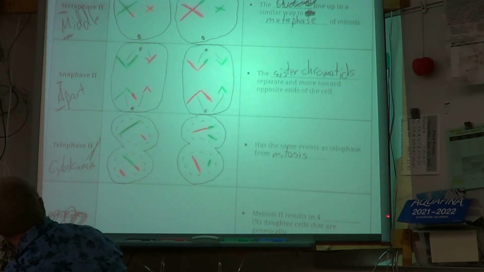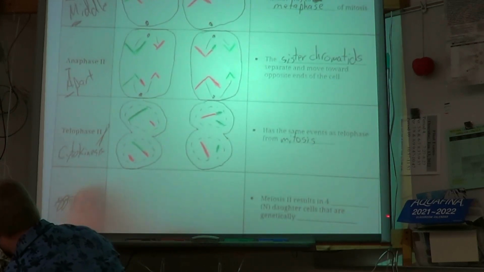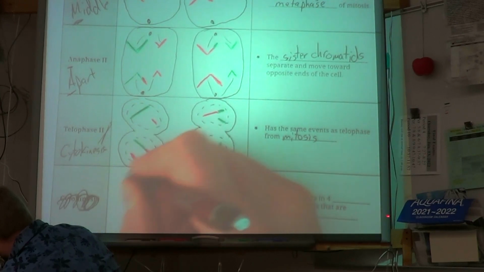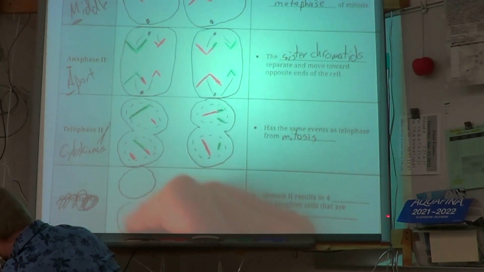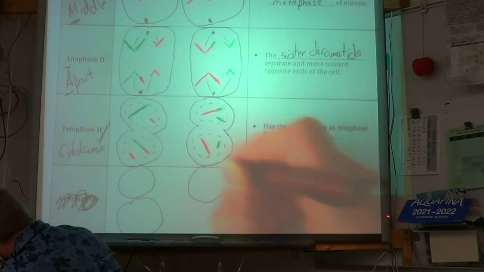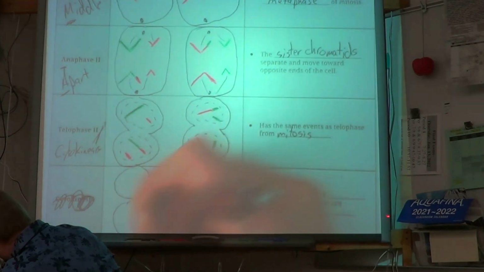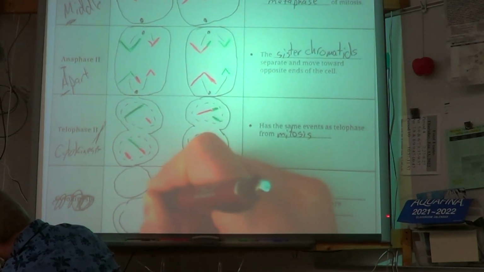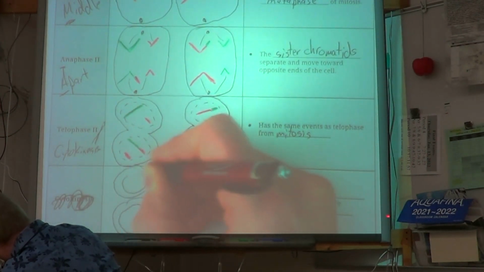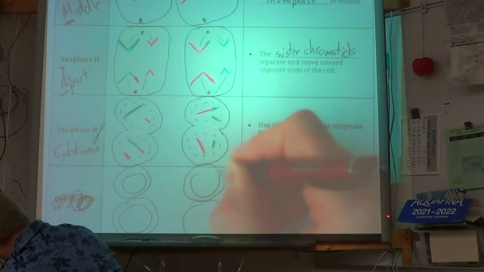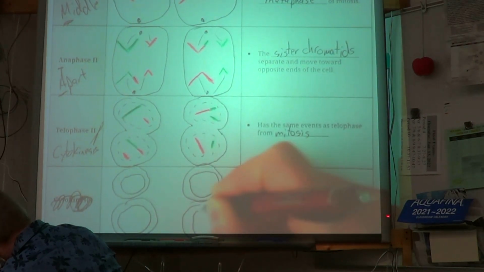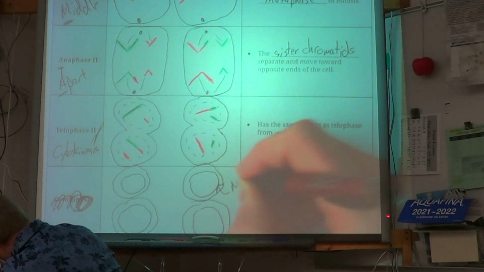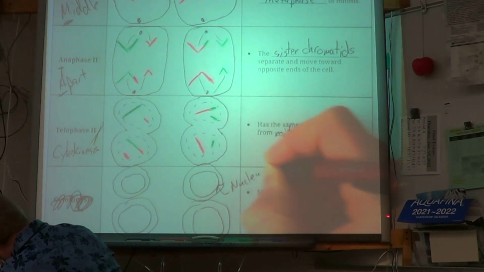Now the reason I scribbled out cytokinesis down here is because I like to draw my final pictures. I end up with, now these all should be similar in size, but I didn't do a great job there. The nucleus is now reformed. I'll also label that really quick. That's the nucleus.